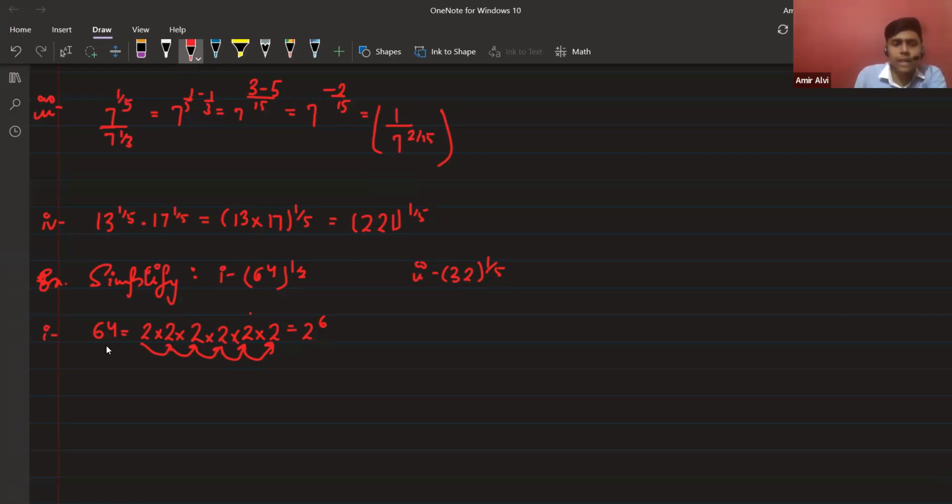Or you can write it as, what is the square of 8? If you multiply 8 by itself, what will you get? 8 into 8 is what? 64.